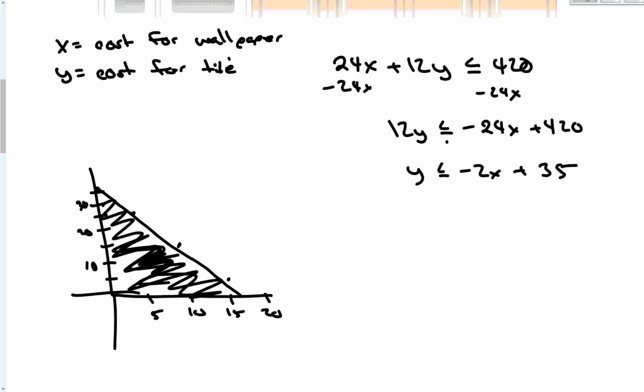So the three possible prices, the square foot of wallpaper and tile, are numbers that work out kind of well here. So we can spend $5 on wallpaper. So we can have 5 and 25.